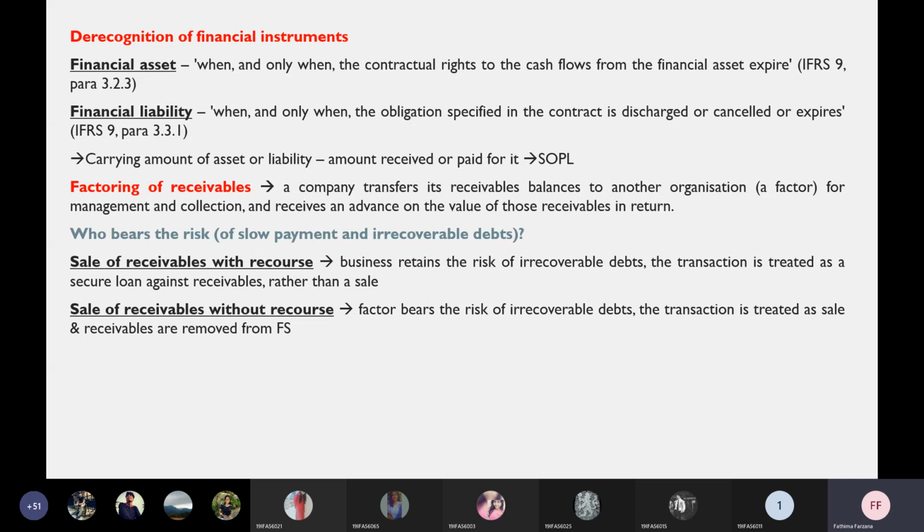Let us assume XYZ company. Okay, A is looking into XYZ company, and it will transfer the entire receivable to them, and they will mobilize the money, that is they will collect the money from those receivables, and they will pay it back here.